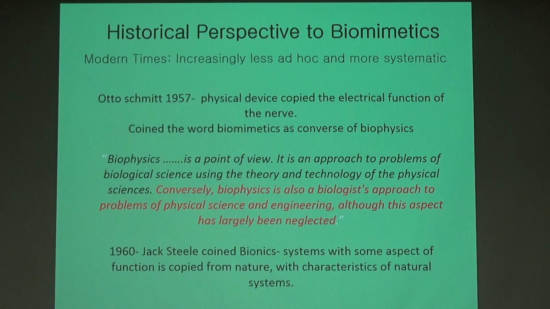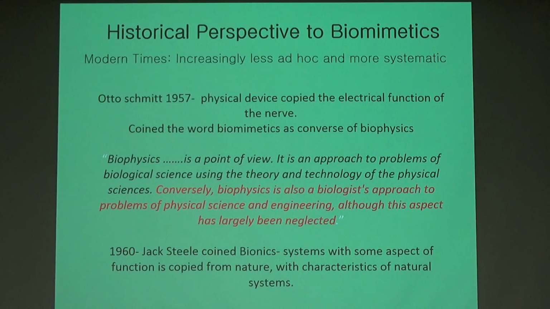So modern biomimetics came about in 1957, and the term was coined by Otto Schmidt. He was a biophysicist, and he said that biophysics is our point of view, an approach to problems of biological science using the theory and technology of the physical sciences.